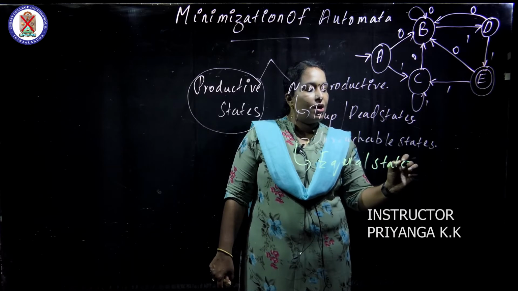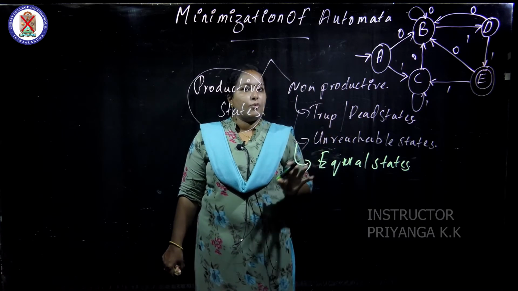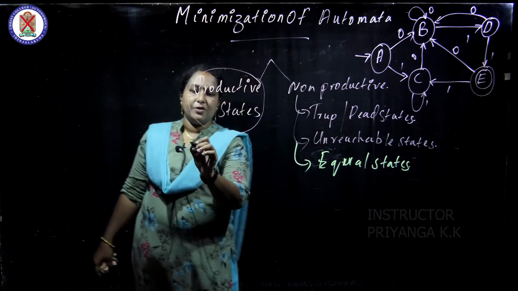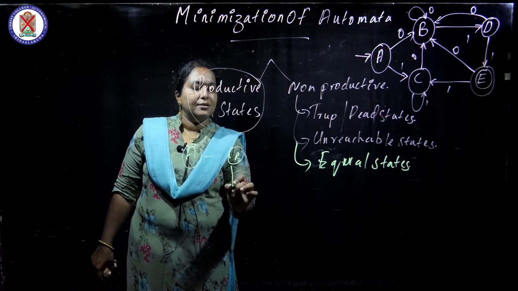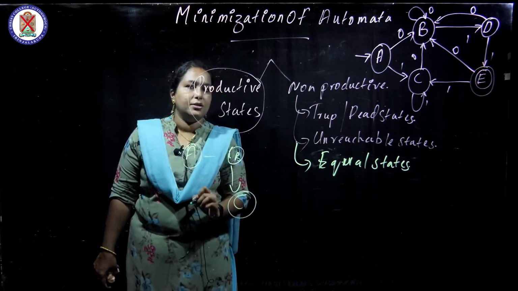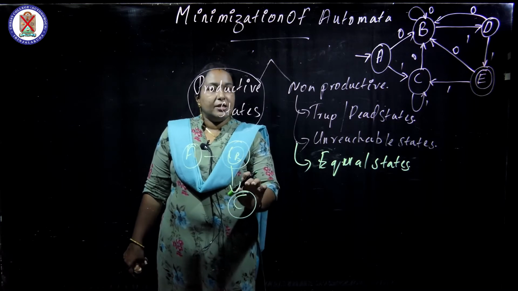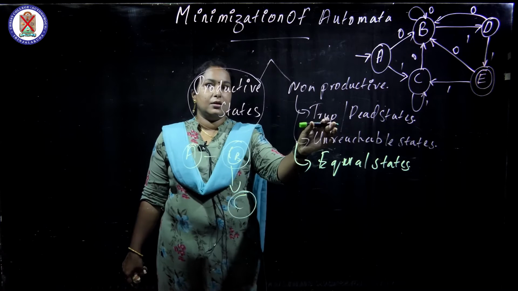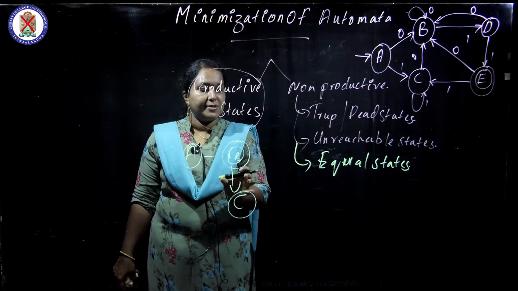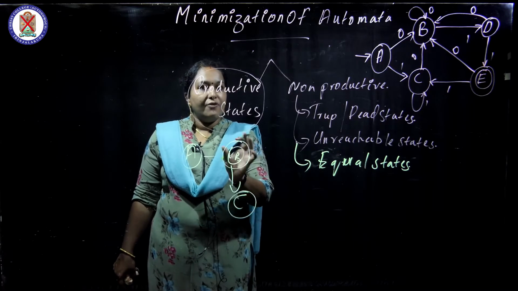I will explain them one by one before minimizing this question. Trap state, you have already known what is meant by a trap state. For example, A is one of the states, and this C is called the trap state. Why is it called the trap state? Listen carefully to what is meant by trap state. Trap state means there is no path to the final state.